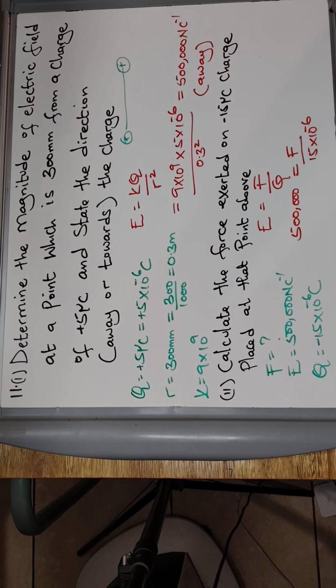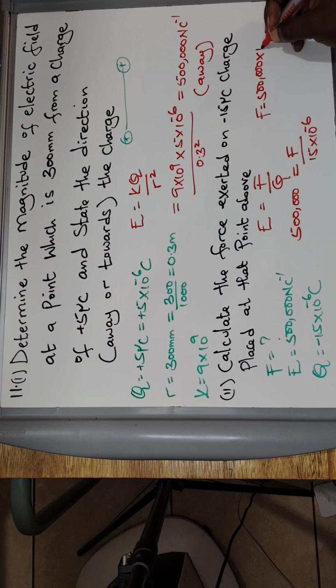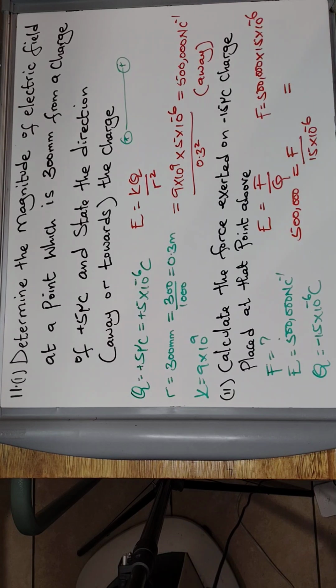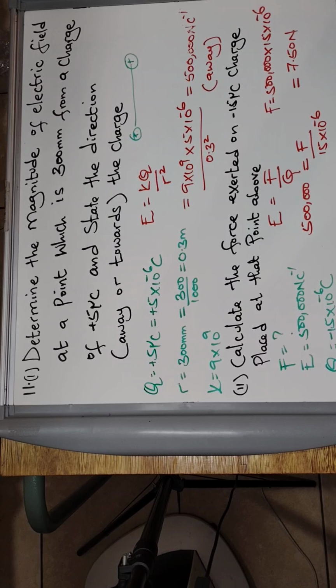So from here, you get your force as 500,000 times 15 times 10 power minus 6. What you get out of that is going to be the force. So that is that: 7.5 newtons. And is it towards the charge or away from the charge? It's attraction, so it will be towards the charge.